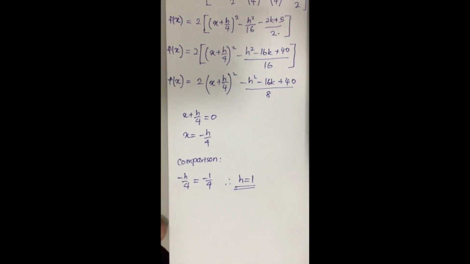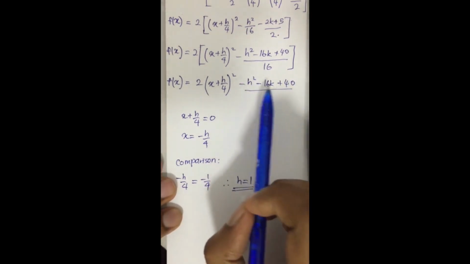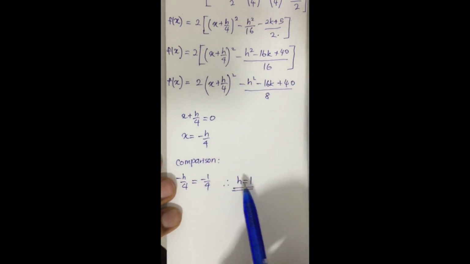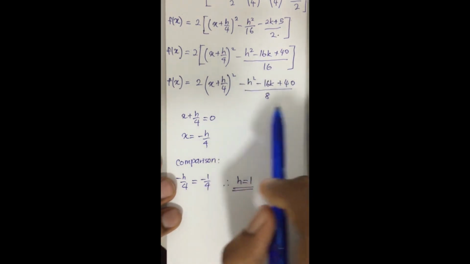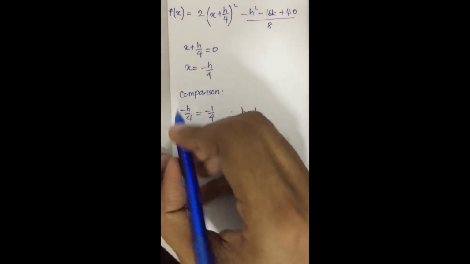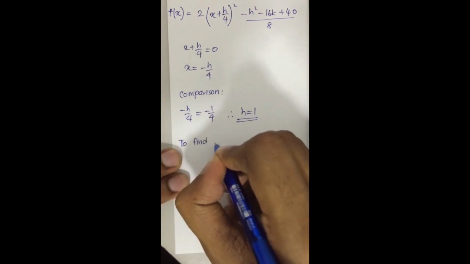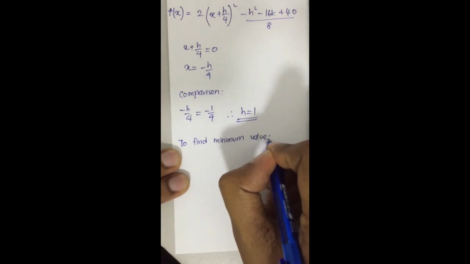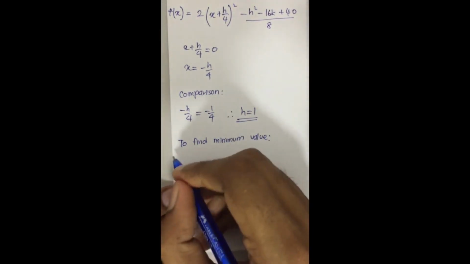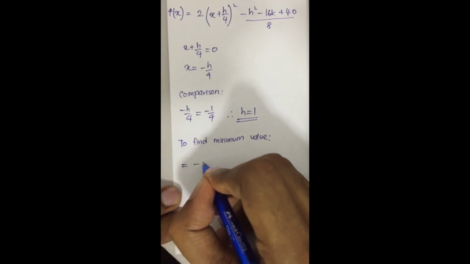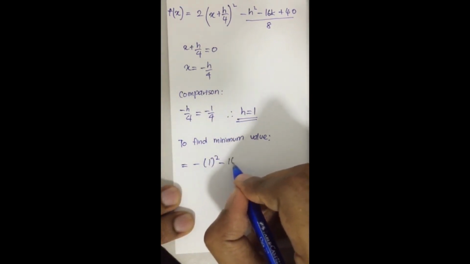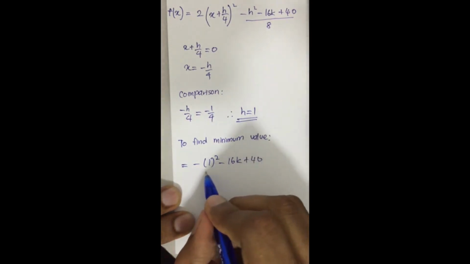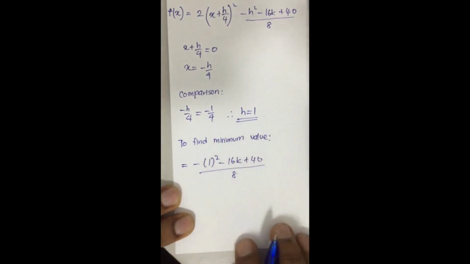For the next step, we are interested in finding the minimum value. The minimum value is this, guys, and you already know that the value of h is equal to 1. So we can substitute this into this following q expression. To find the minimum value, it equals negative 1 squared minus 16k plus 40 over 8.